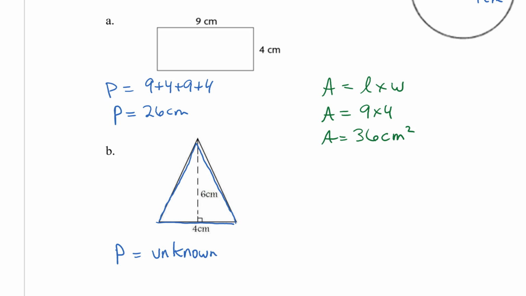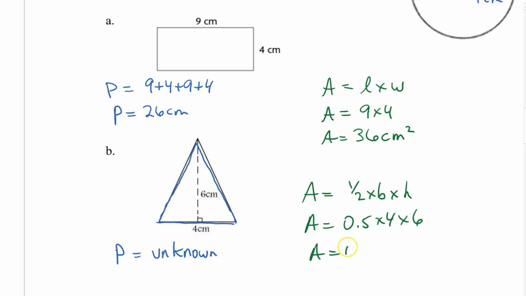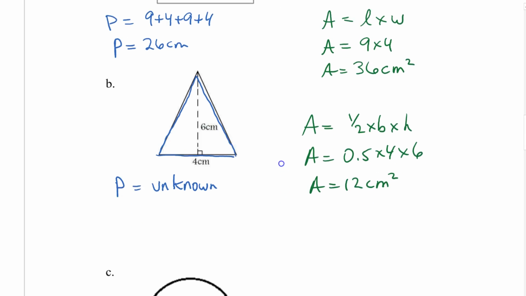The area we can do. Area would be equal to 1/2 times the base times the height. So we could type in 0.5, or 1 divided by 2 in your calculator, multiplied times 4 times 6, and I think that works out to 12. And then the units, of course, centimeters squared.